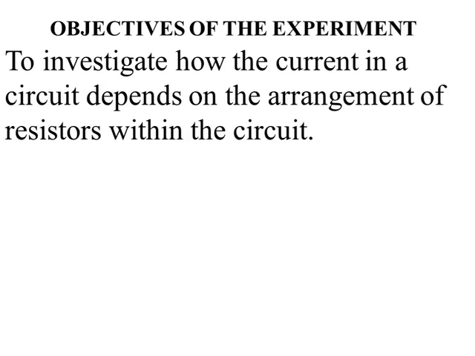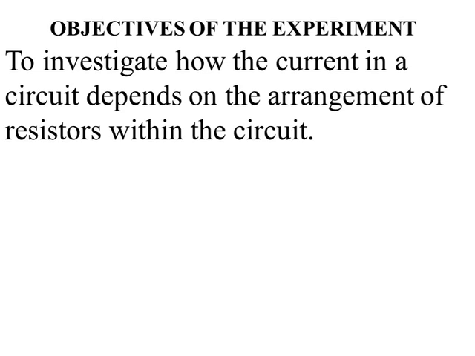Now, back to the experiment. It says the objective of the experiment is to investigate how the current in a circuit depends on the arrangement of resistors within the circuit. We already said that for series, the same current will flow through.